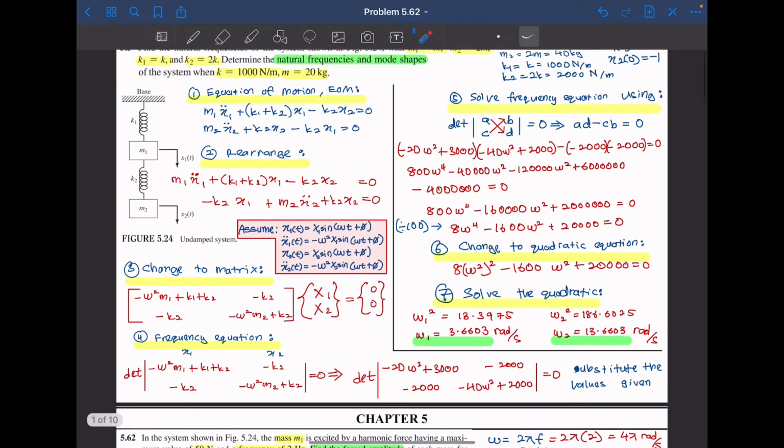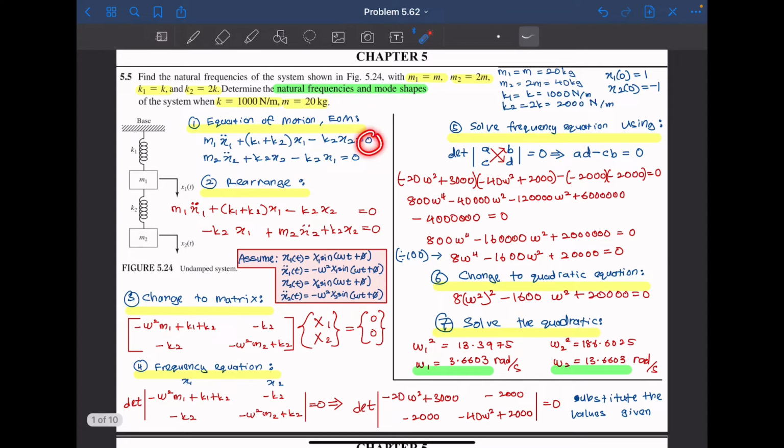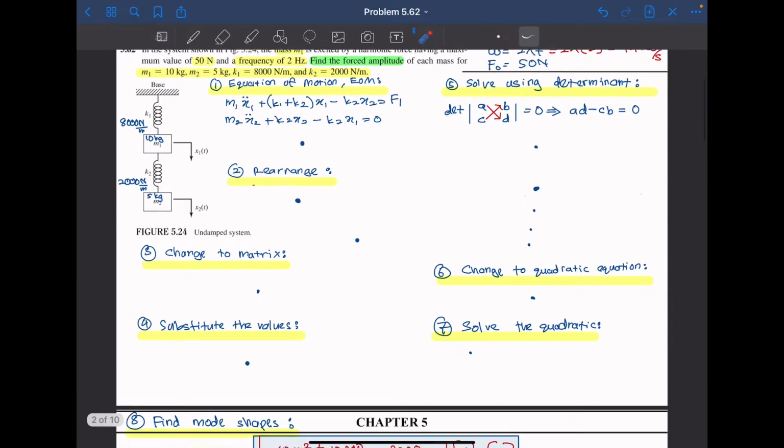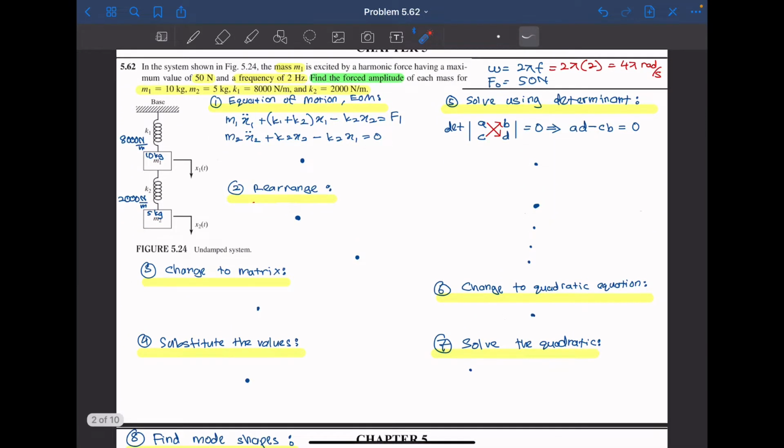Like in the previous question 5.5, the first equation equals 0 because there was no force. But for this question, there is a force at M1, so we label it as F1.